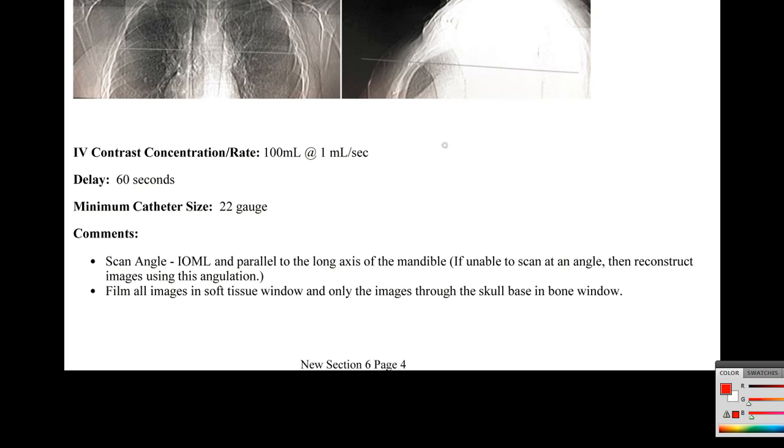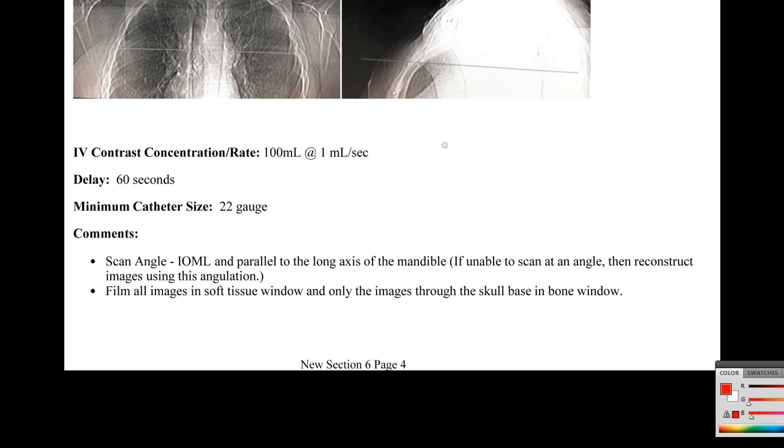However, if you're unable to scan at an angle, then basically what you do is you scan the patient straight, and then you angle the reconstructed scanned images.